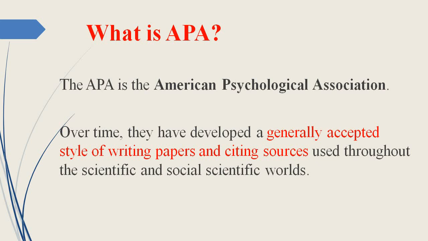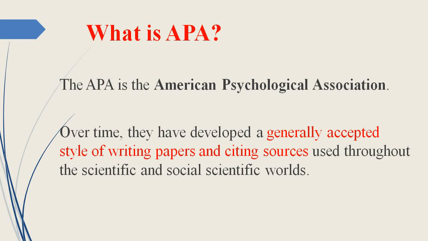What is APA style? Now let's understand the main discussion. The APA style of referencing: you have heard it before. APA is the American Psychological Association, which has formatted a particular style for referencing that is in vogue, especially in the social sciences.